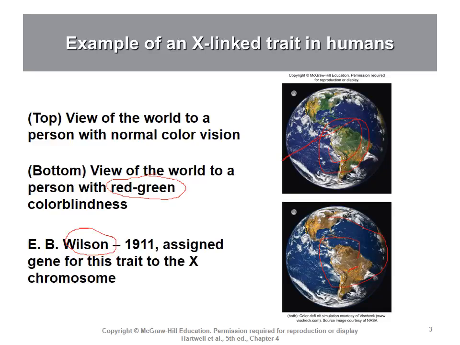So Wilson followed the pattern of inheritance of color blindness, and he concluded that the mutation is in a gene that is actually X-linked.